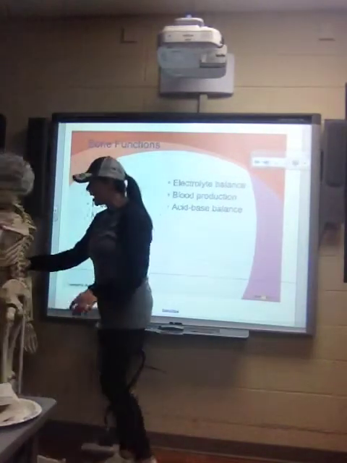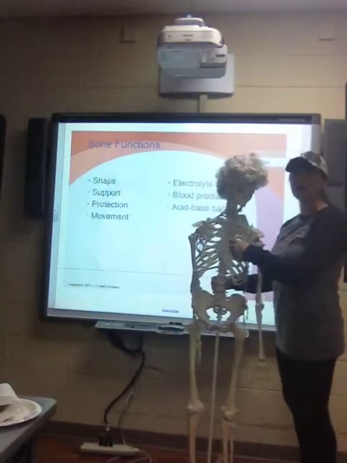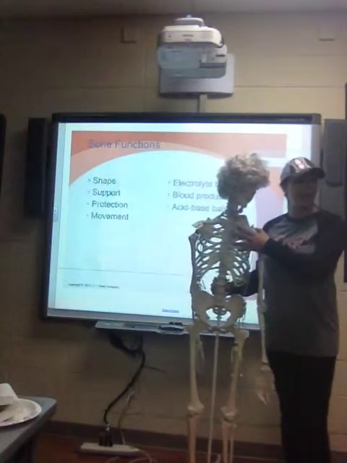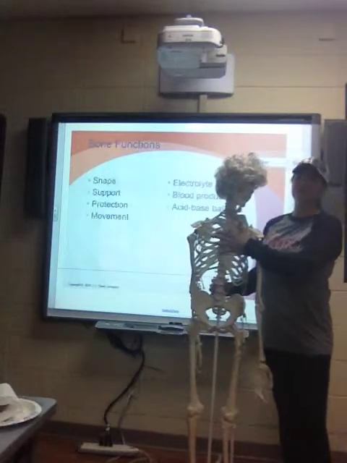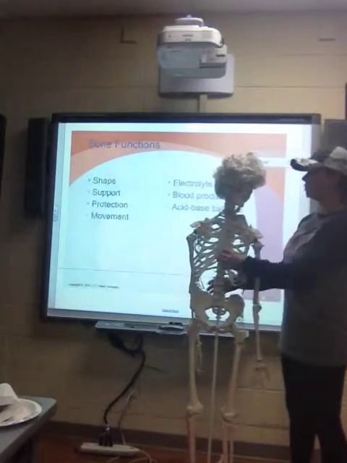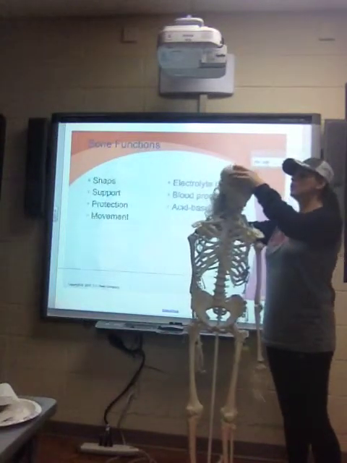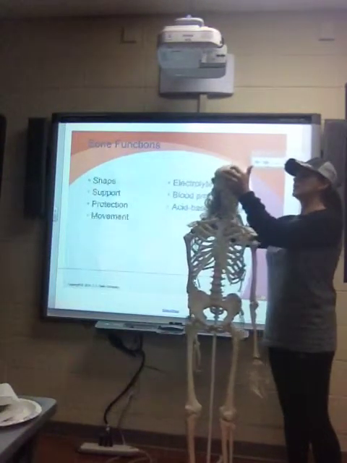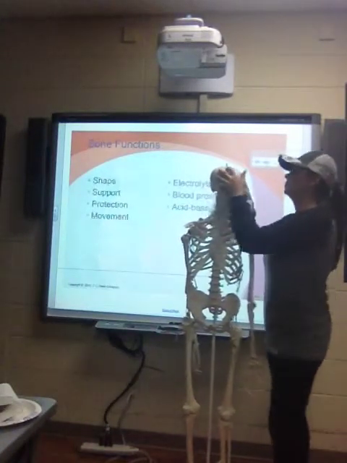So if you're thinking about real sensitive, important organs, heart and lungs sitting back behind this thoracic cage, these flat bones are big time protectors. So we've got ribs, sternum, and then if you look at the cranium, those are also considered flat bones. They protect something very vital, the brain. So those are for protection.